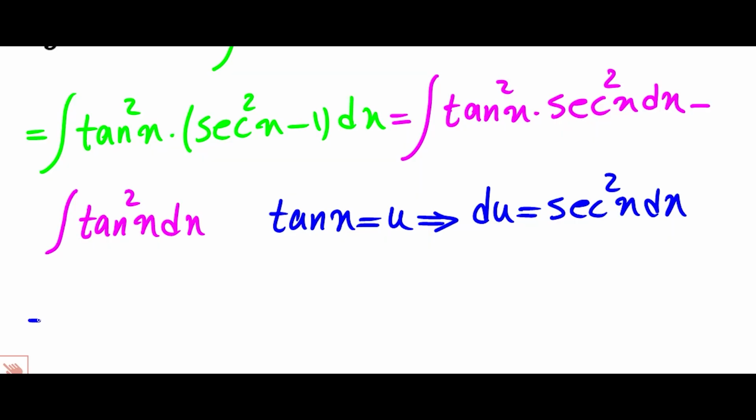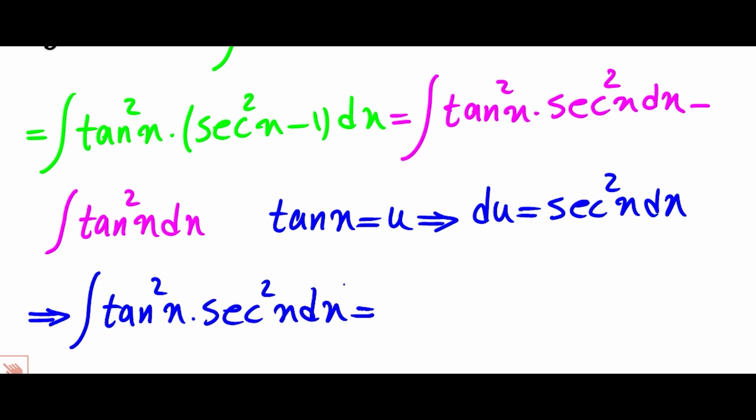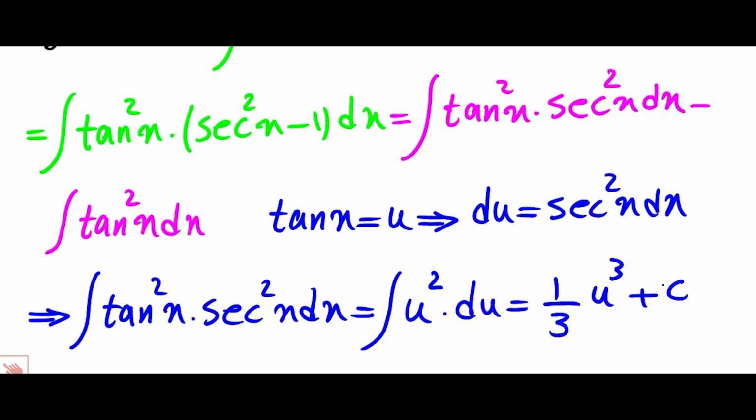So we have the integral of tangent squared x times secant squared x dx, where tangent of x equals u. So we have the integral of u squared du. If we use the power rule, we have 1 over 3 u cubed plus c.